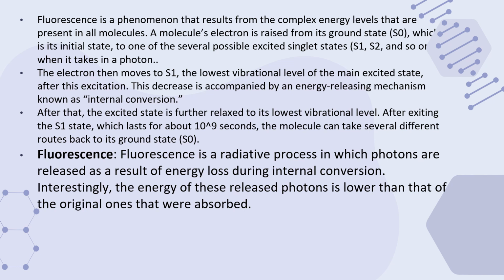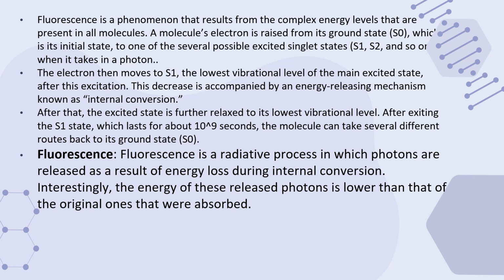Fluorescence is a phenomenon that results from the complex energy levels present in all molecules. A molecule's electron is raised from its ground state S0, which is its initial state, to one of several possible excited singlet states S1, S2, and so on, when it takes in a photon.